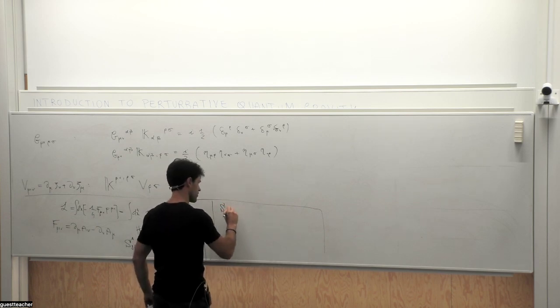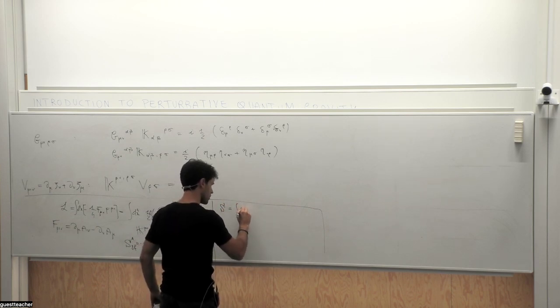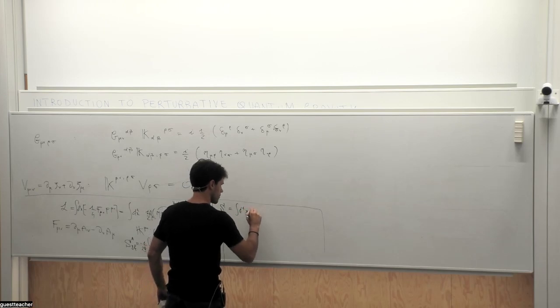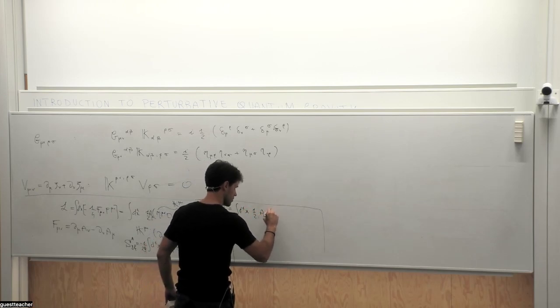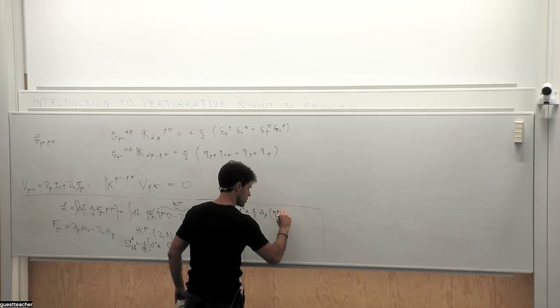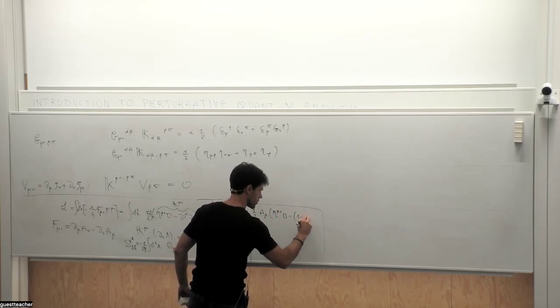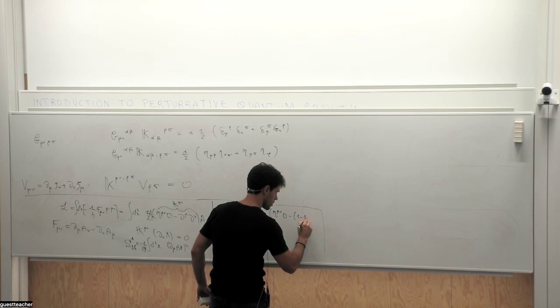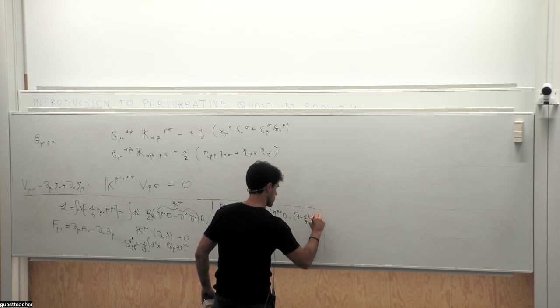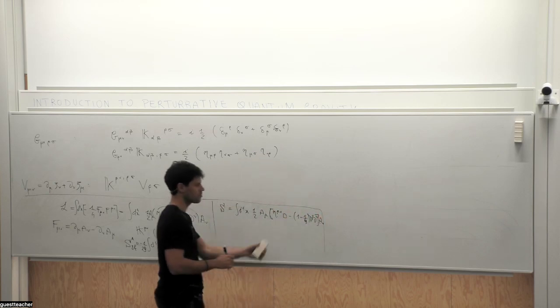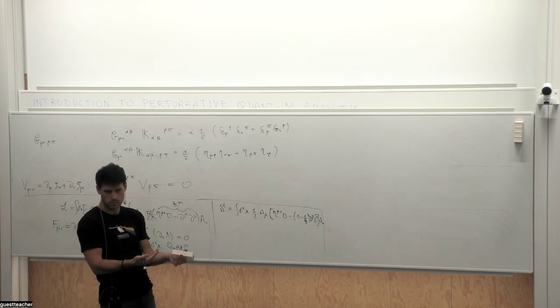So basically, we'll have minus 1/c... Okay, we'll get a new kinetic operator that is invertible.